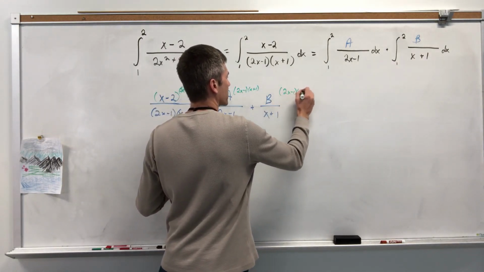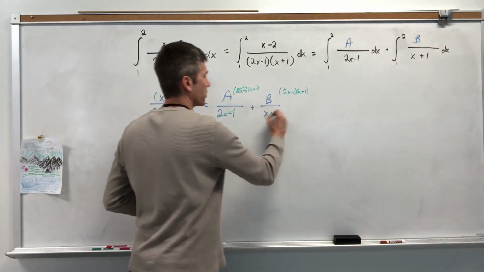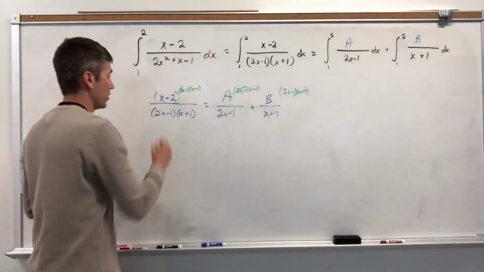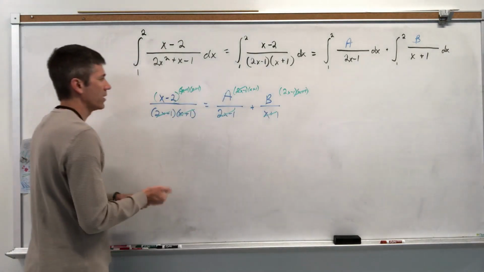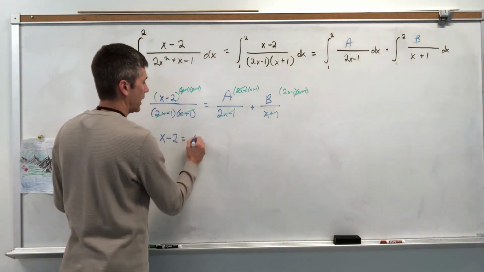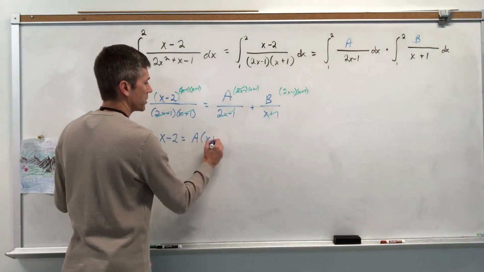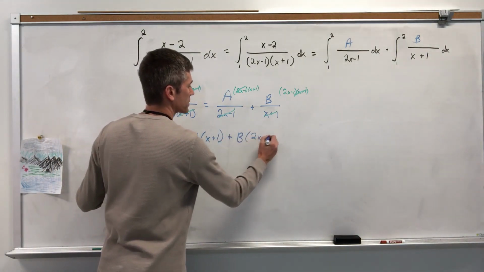And we're going to cancel some stuff out. Those cancel, and everything over here cancels, which was kind of the point. And we have x minus 2 equals a times x plus 1 plus b times 2x minus 1.